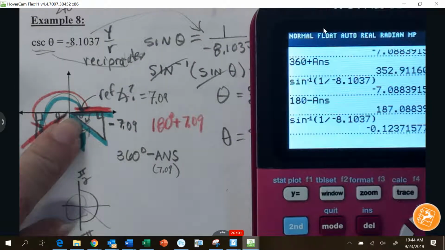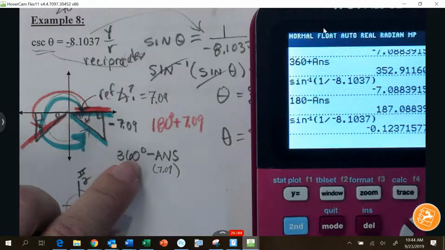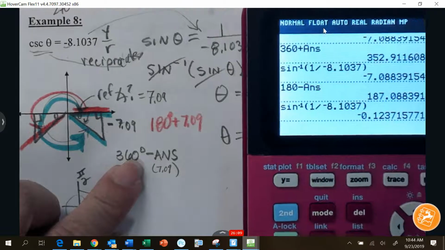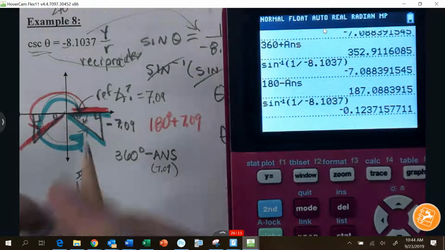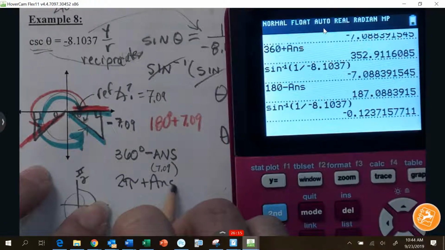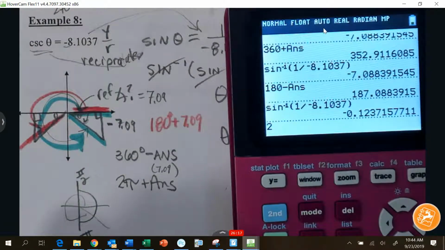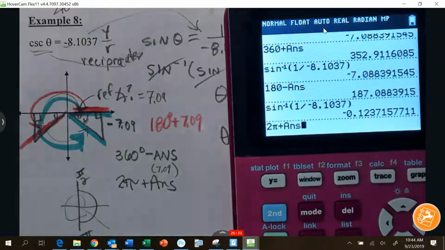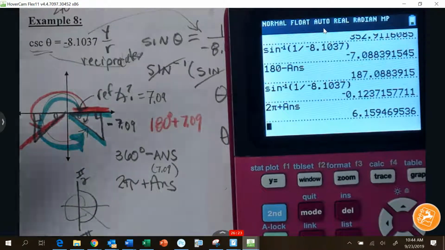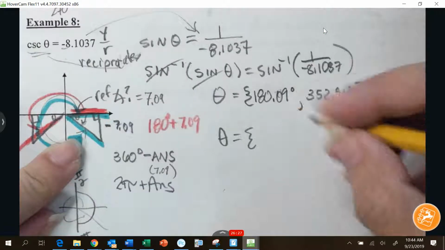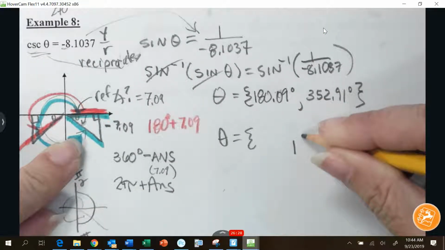And what we did before is we took a version of that where we do the exact same thing, only it'll be 2 pi this time. So 2 pi plus my last answer will become subtraction. 6.16. Does that make sense for that quadrant?